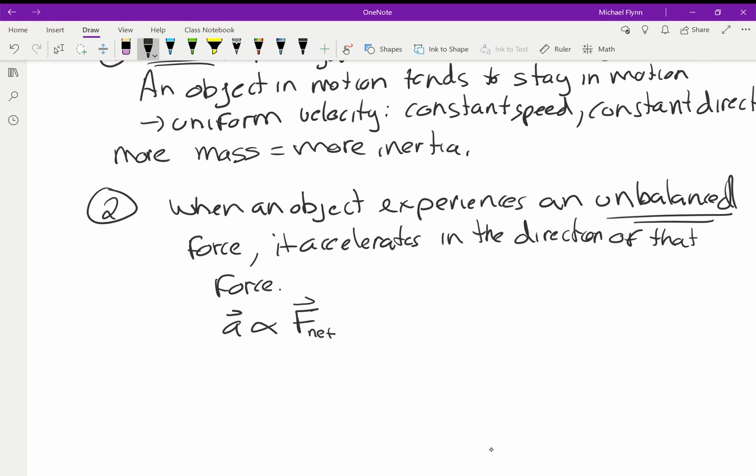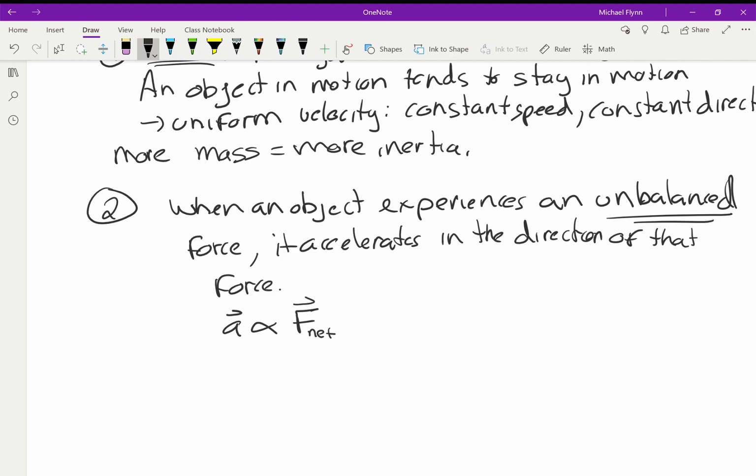What proportional means, this little weird Greek symbol, is, let's say a certain amount of force were to accelerate a ping pong ball at 3 meters per second squared. Now if I double the force, it would accelerate the same ping pong ball at 6 meters per second squared. So that's what proportional means.